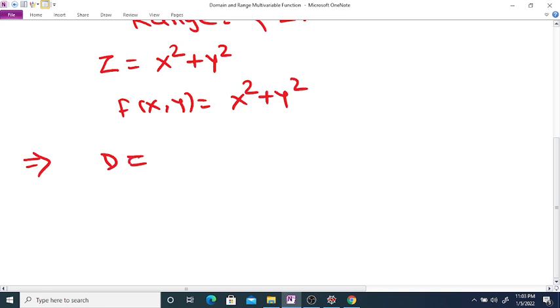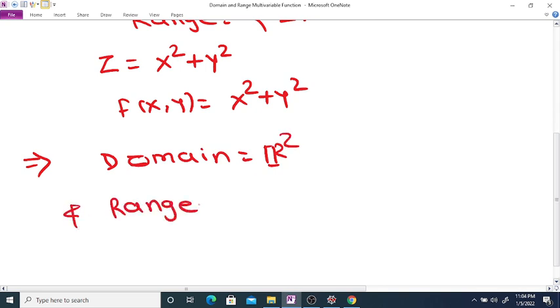So the domain is equal to R square, and the range is equal to 0 to infinity.